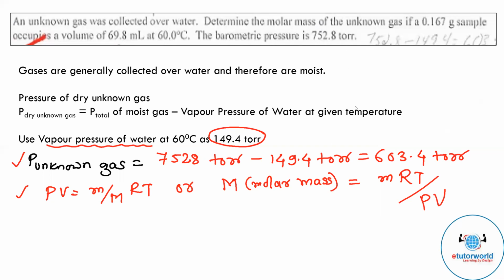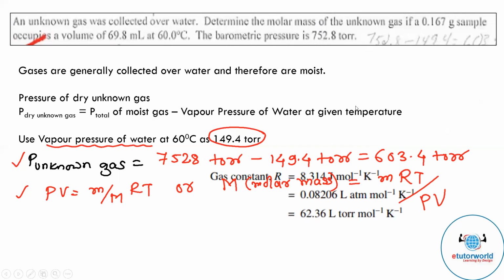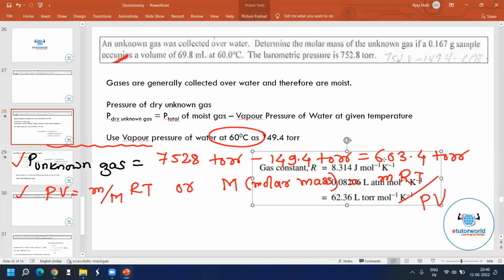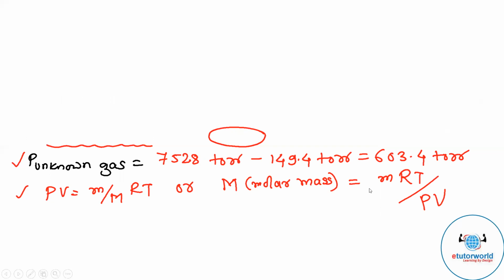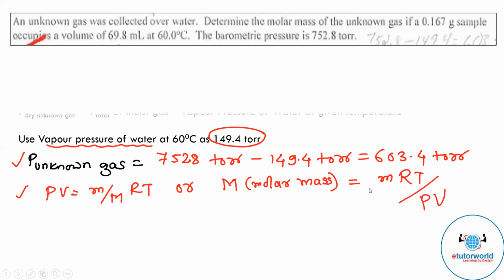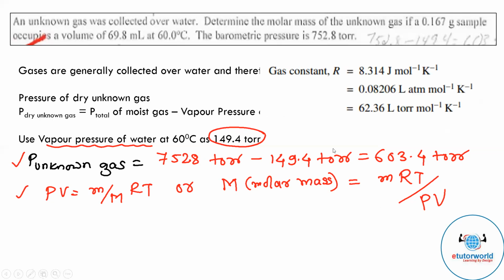Now let's put the values and get the result. The R value will be given to you. I'm keeping this value here so that you can use it for reference. Aditi, one by one, tell me the values.